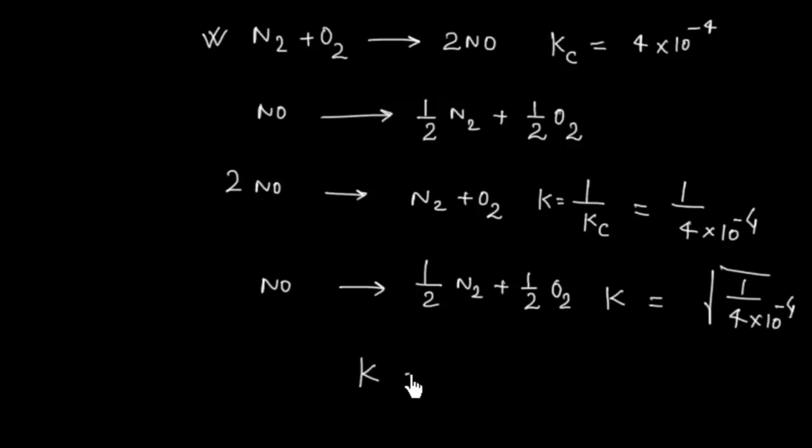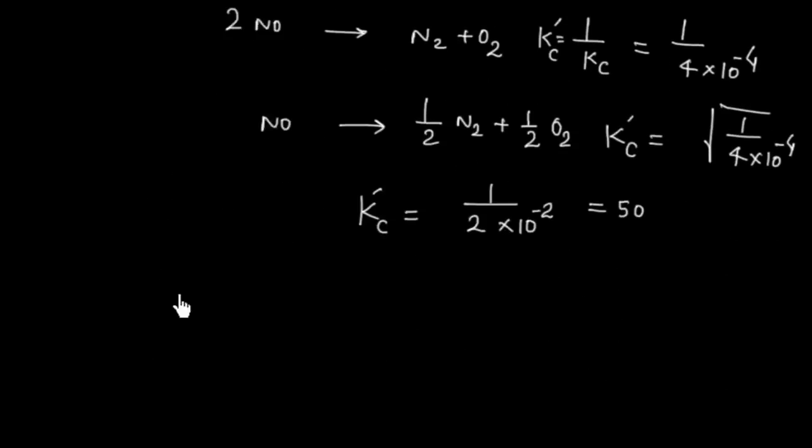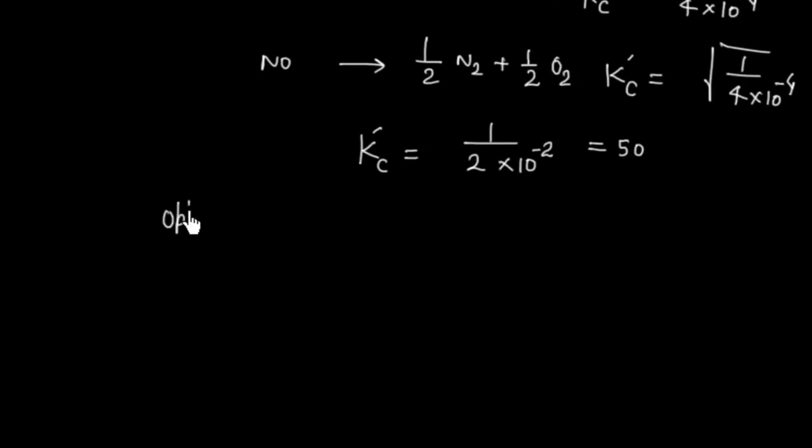If we take the root, this is 1 by 2 into 10 to the power minus 2, that is 100 by 2, and this is basically 50. In this case all are Kc values because we are manipulating Kc. So let us call this Kc dash. The equilibrium constant for this reaction is Kc dash, and that is 50. So your answer is 3. So option 3 is the correct answer in this case.